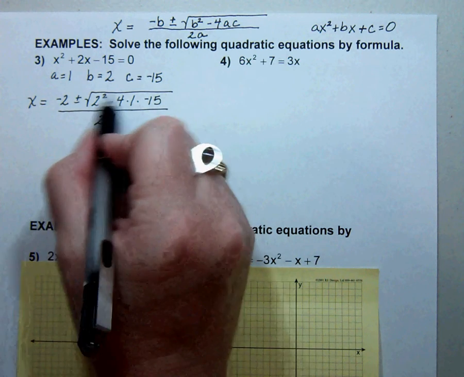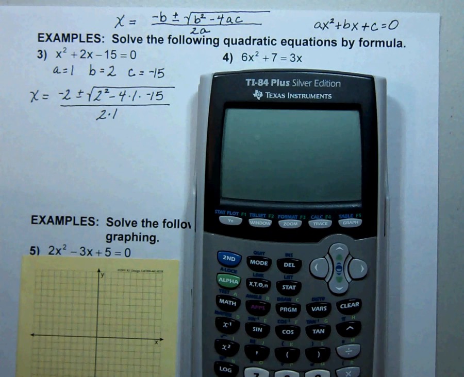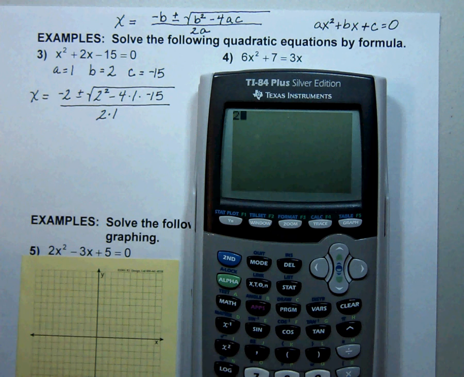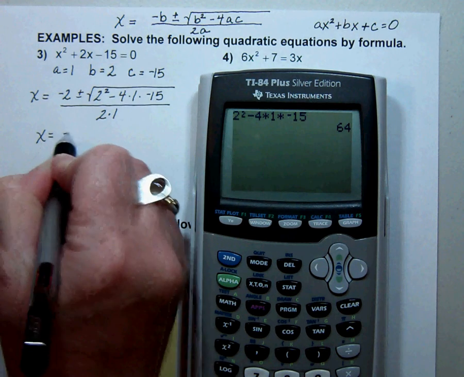The part under here is the one you need to look at the most. If you want, you can do it in your calculator. Let's just do that first. 2 squared minus 4 times 1 times negative 15. Since that's 64, the square root of 64, let's go ahead and write that.